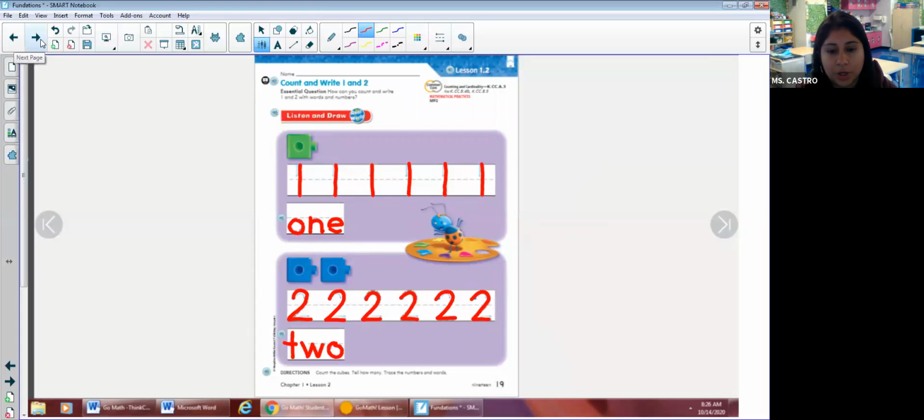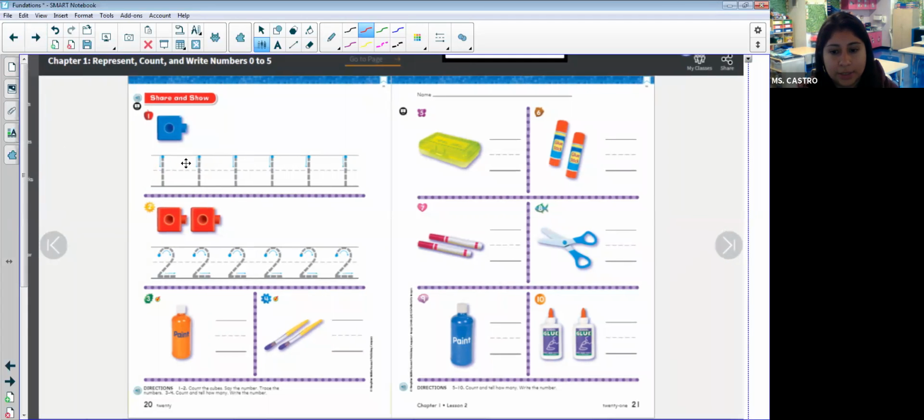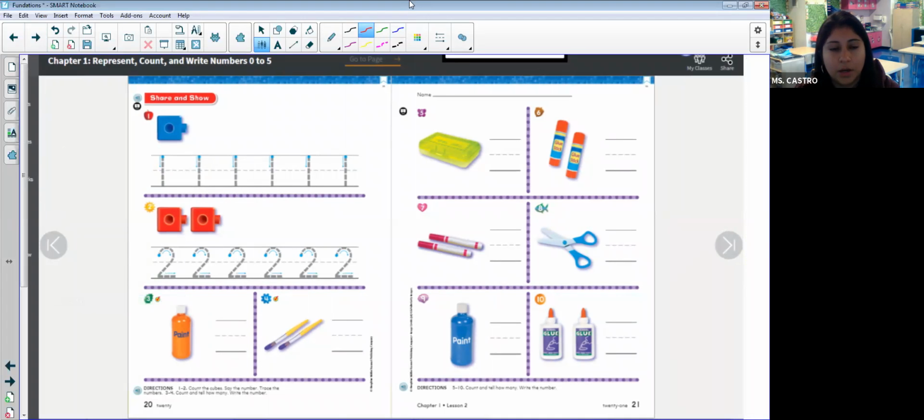All right, we're gonna continue on to the next page, boys and girls. So if you turn to the next page, it's gonna look like this. So where the red apple is with the number 1 in it, they have a blue cube there. So you're gonna take your magic finger and you're gonna count the blue cubes. And when we touch it, we say 1.